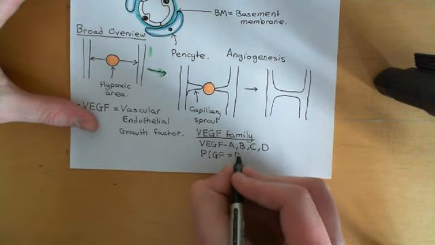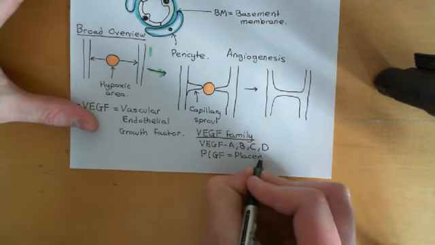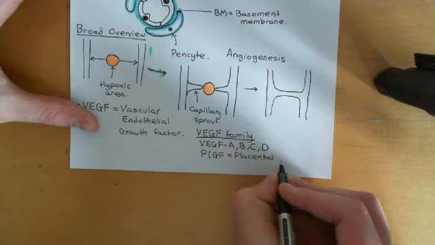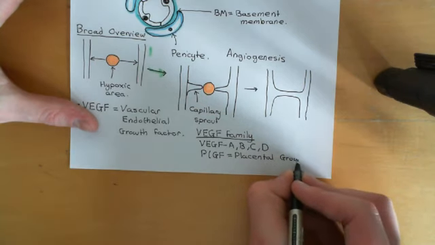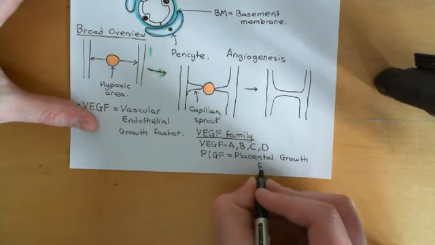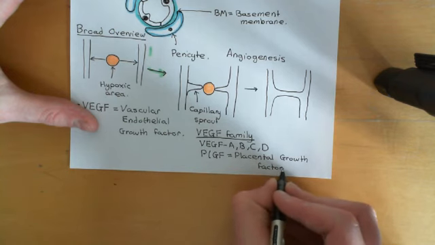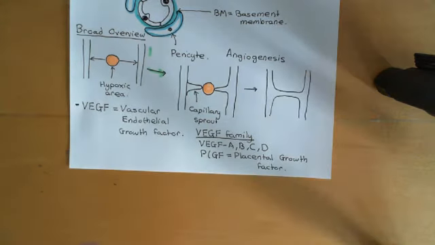So this stands for placental, that's the PL, and then the GF is just for growth factor. So that's also in this family of vascular endothelial growth factor proteins.